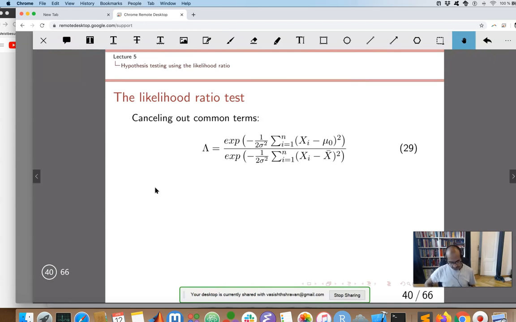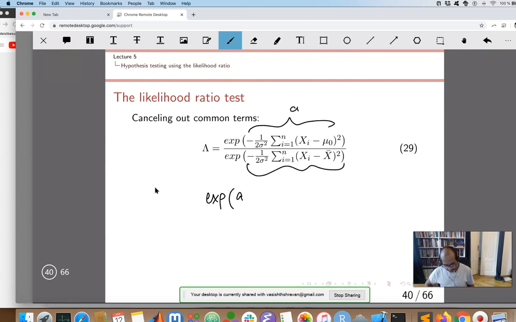Now this equation is actually a ratio of two exponents, right? So the numerator, this whole thing, I'll call A, and the denominator I'll call B. So this complicated thing really reduces to this kind of term here, and this kind of term we know how to simplify.